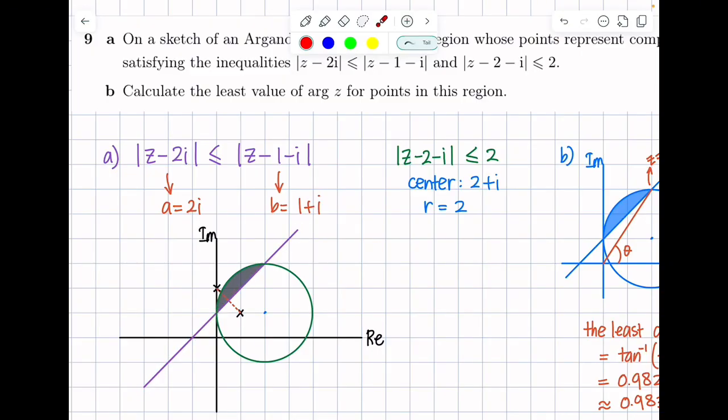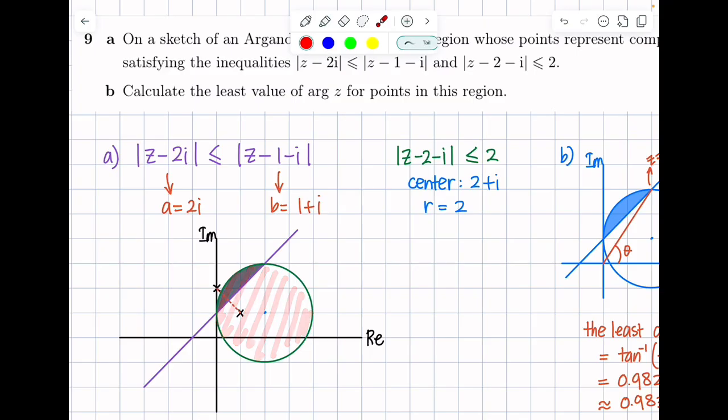And then for the circle, center at 2 plus i, radius 2. Center at 2, 1, and radius 2. So we get this circle. For the circle, the shaded region is inside the circle.